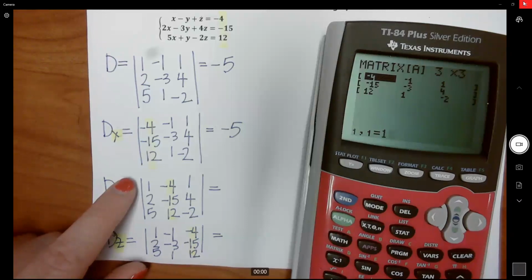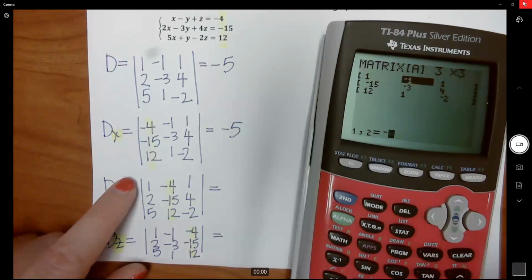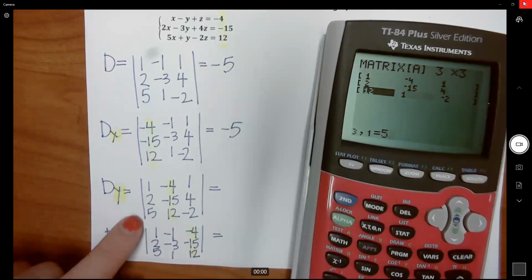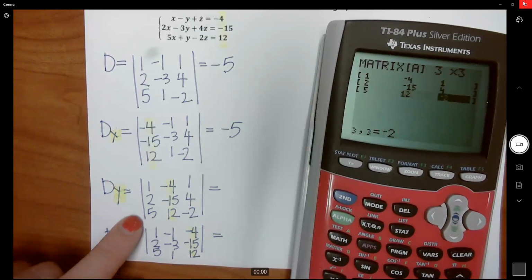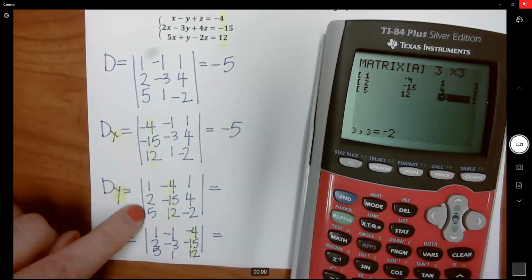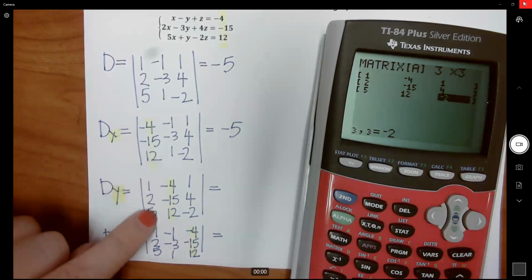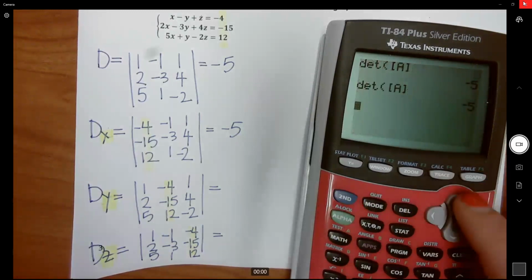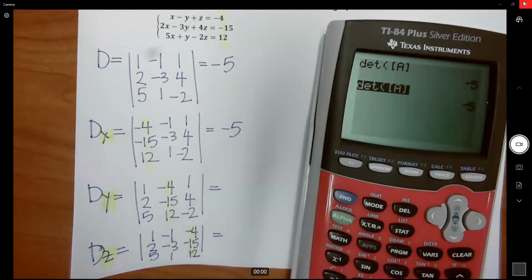So I have 1, -4, the 1's good. 2, this should now be -15, 4's good. 5, 12, -2 is good. So I'm going to check it again. I like what I see. I'm going to hit second quit. I'm going to arrow up and grab my determinant A, and we get -15.